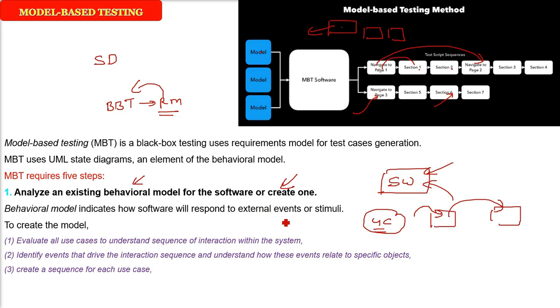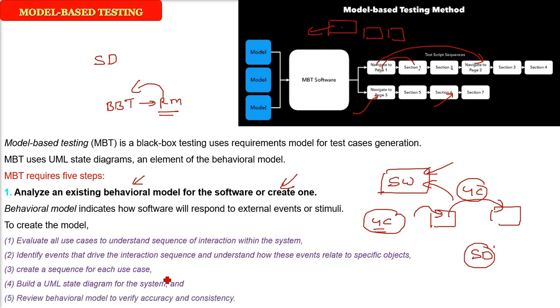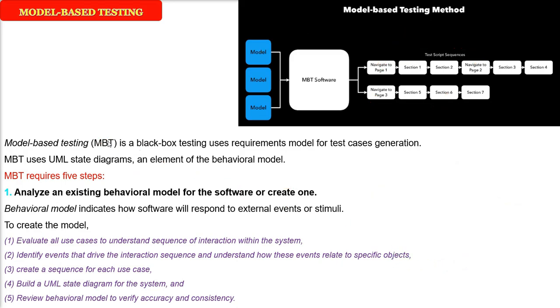Then we create a sequence for each of these use cases. Use cases are the requirement. Now you have to build a UML, unified modeling language, state diagram for the whole system, understanding points 1, 2, 3. Once you have made this state diagram, you have to review the behavioral model for accuracy and consistency also. This behavioral model will be the basis of model-based testing.